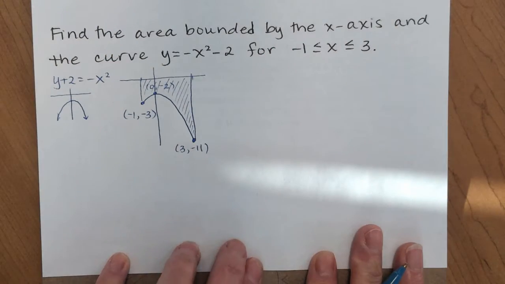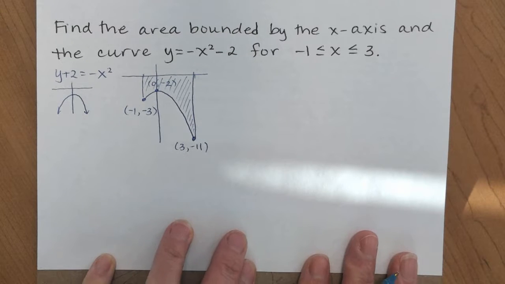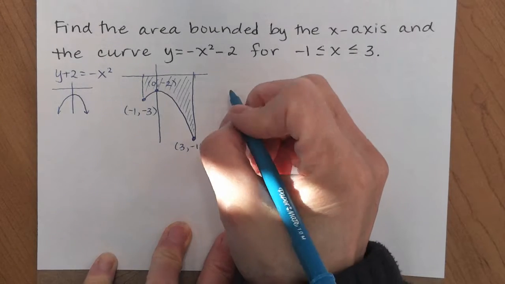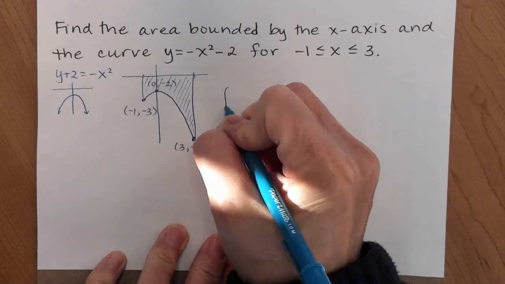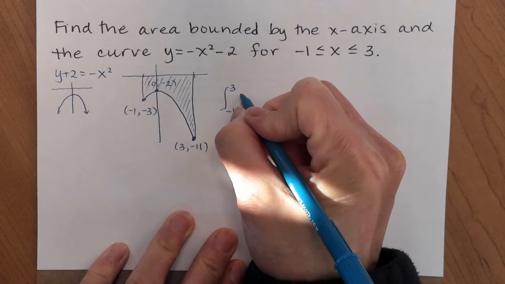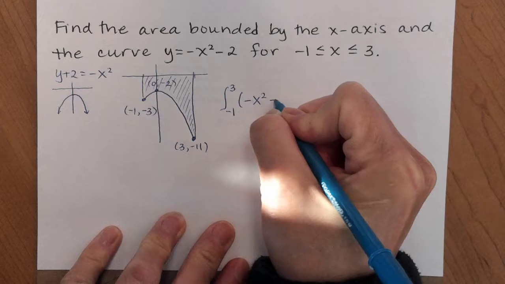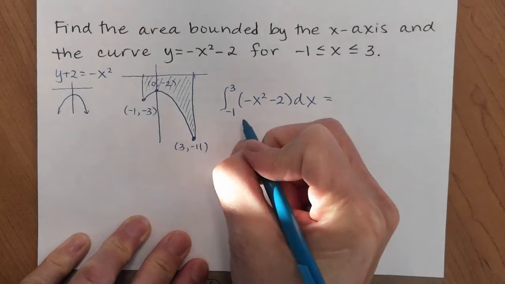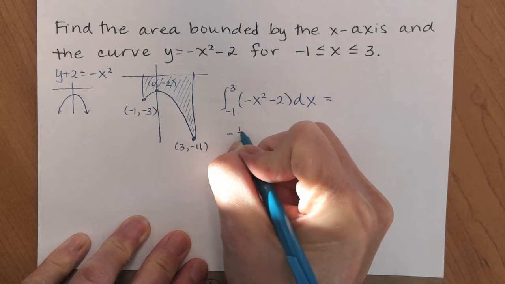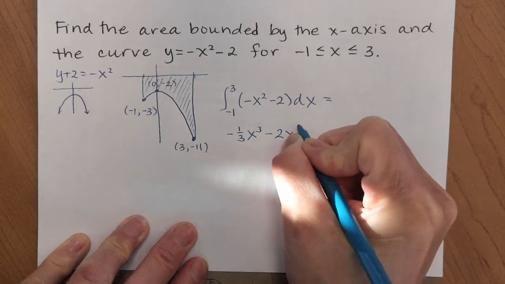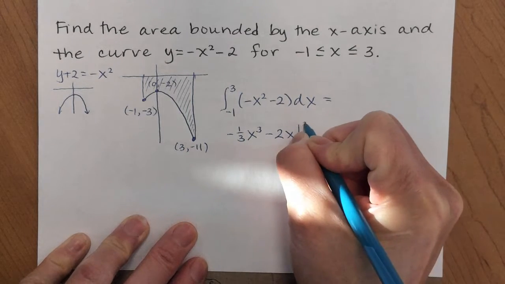So let's see what happens when we integrate the same way we did in the previous problem. The integral from -1 to 3 of -x² minus 2 dx equals -1/3 x cubed minus 2x from -1 to 3.